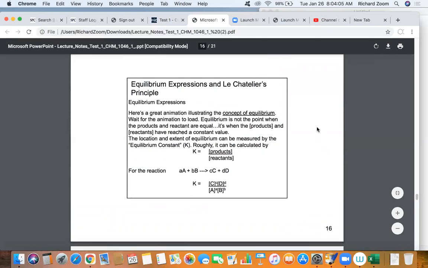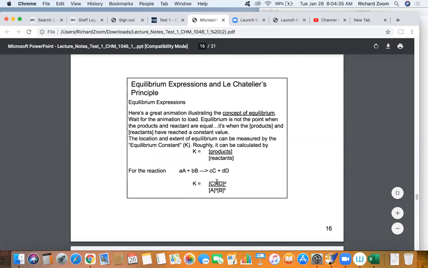Okay, so the basics of equilibrium. The products over the reactants gives you this K expression, or the concentration of products over the concentration of reactants. Generally speaking, for any reaction like A + B gives C + D, the K value would be C to the power of the coefficient, D to the power of the coefficient.